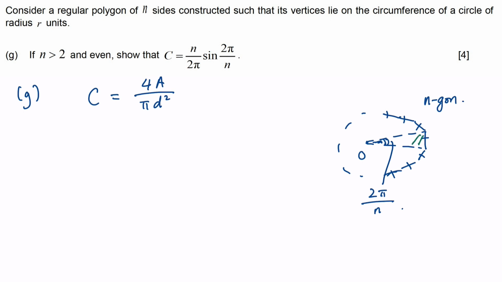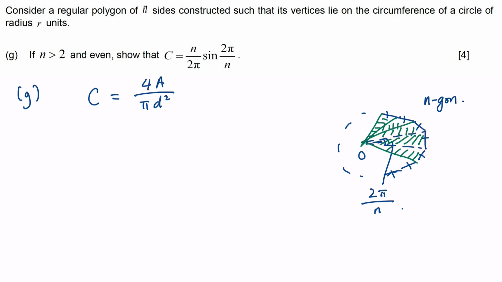I can actually divide the n-gon into n equal triangles. Now it doesn't look equal, but all of these triangles actually have equal area, because the center was split into n equal angles. If all of these sides are equal, and all the radii are the same because it's all lying on a circle, then each triangle must be congruent to each other.